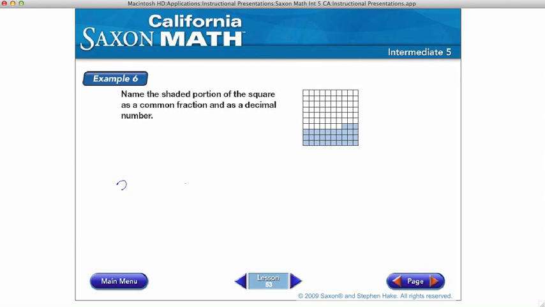So my fraction is 33/100, and my decimal is 0.33, 33 hundredths. Those two are equivalent.